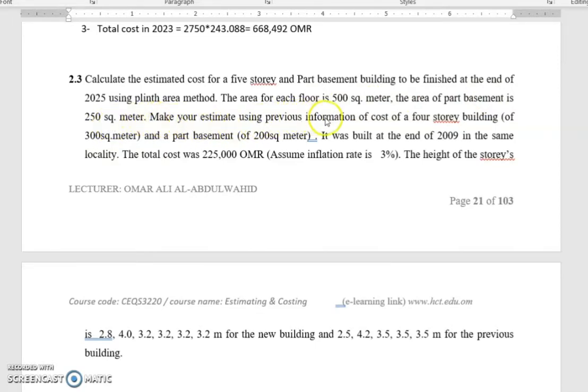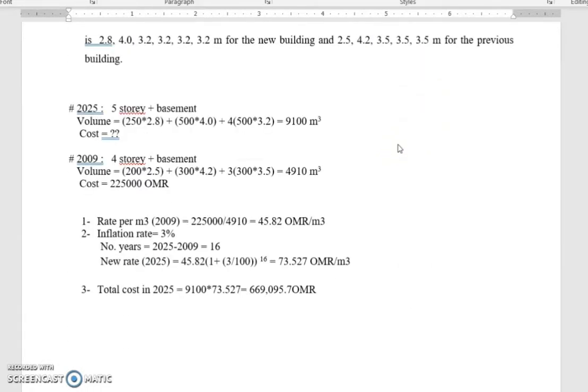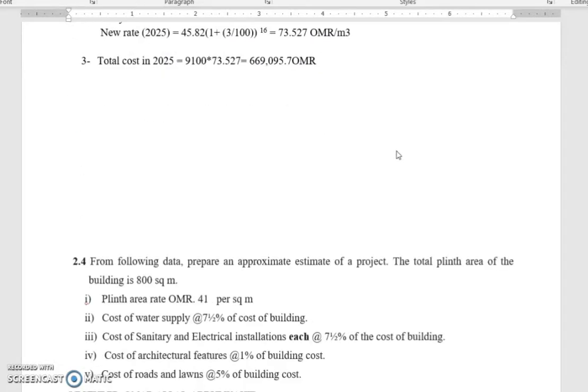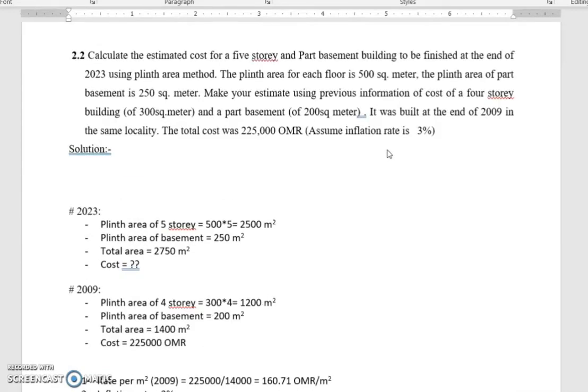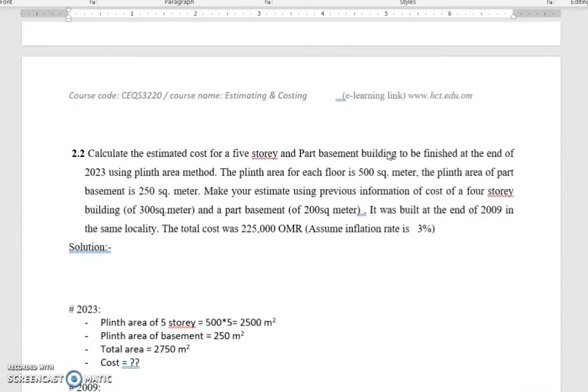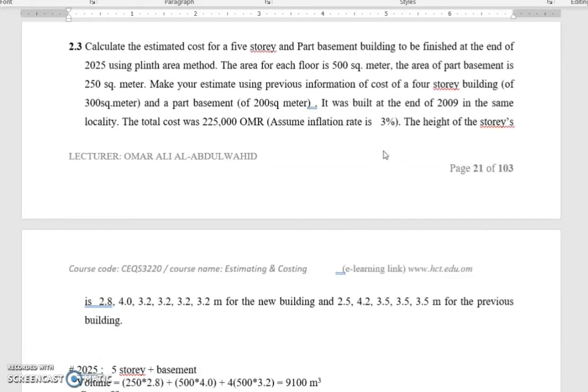Make your estimate using the previous information of the cost of the four-story building of 300 square meter and a part basement 200 square meter.